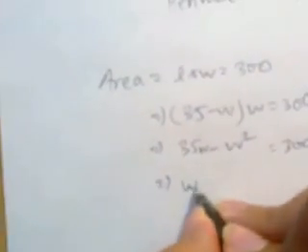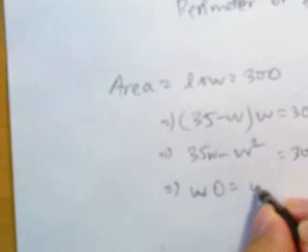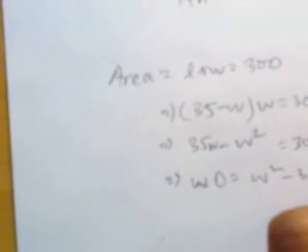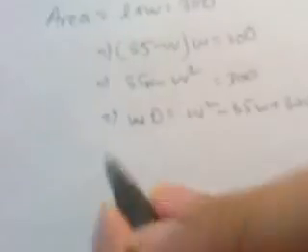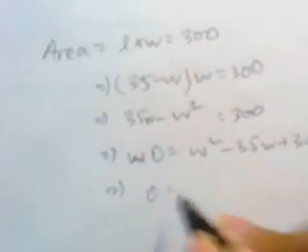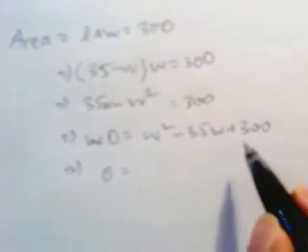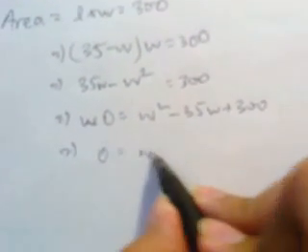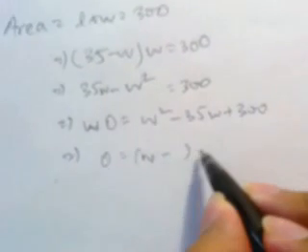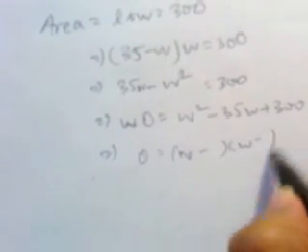That leaves us with 0 equals W squared minus 35W plus 300. So that is our quadratic equation. Now let us factor that. So this is a positive, so to make a positive, we're going to have to multiply 2 negatives. So W negative something into W negative something.